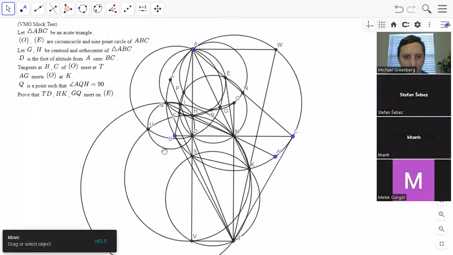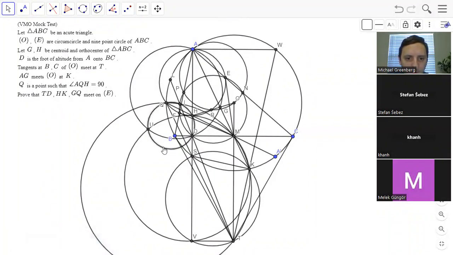Yeah, basically we could maybe try some power of a point stuff if we knew those. Okay, so like this. We have two circles passing through H and U. And then we have this one.